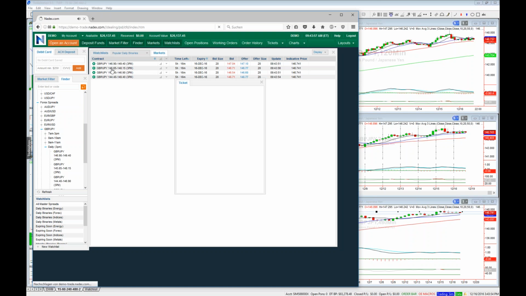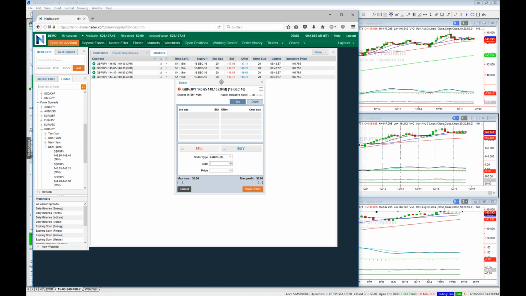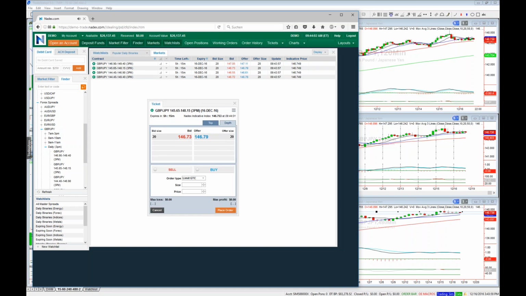Let's pick this one here. That spread is participating in value across this complete range. So the lowest that this spread can quote is 145.65.